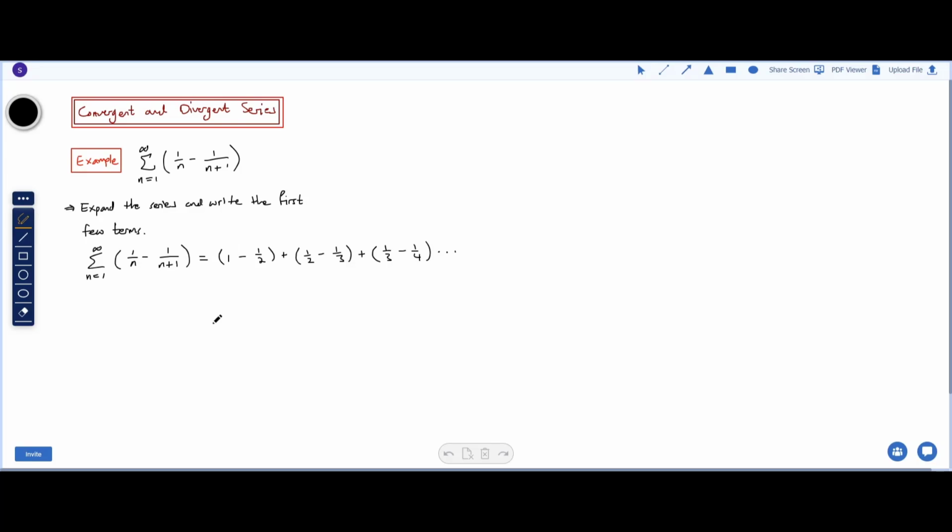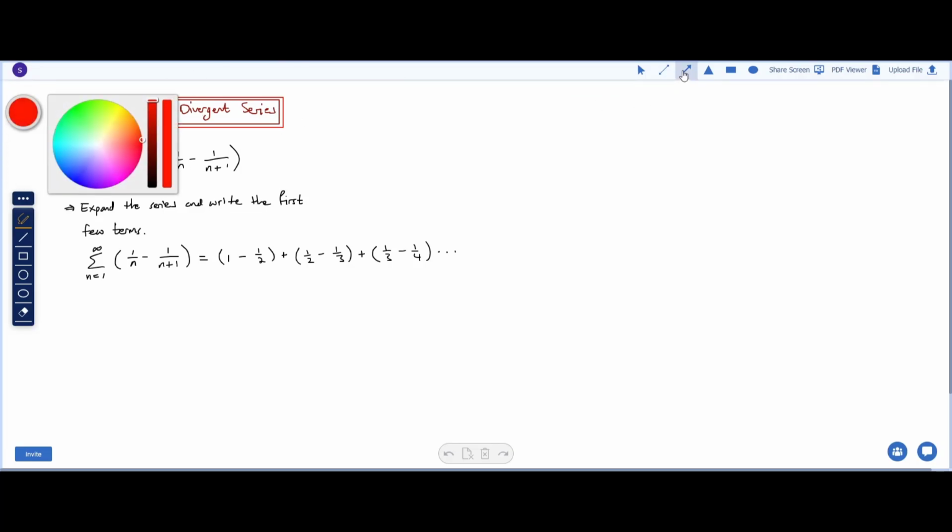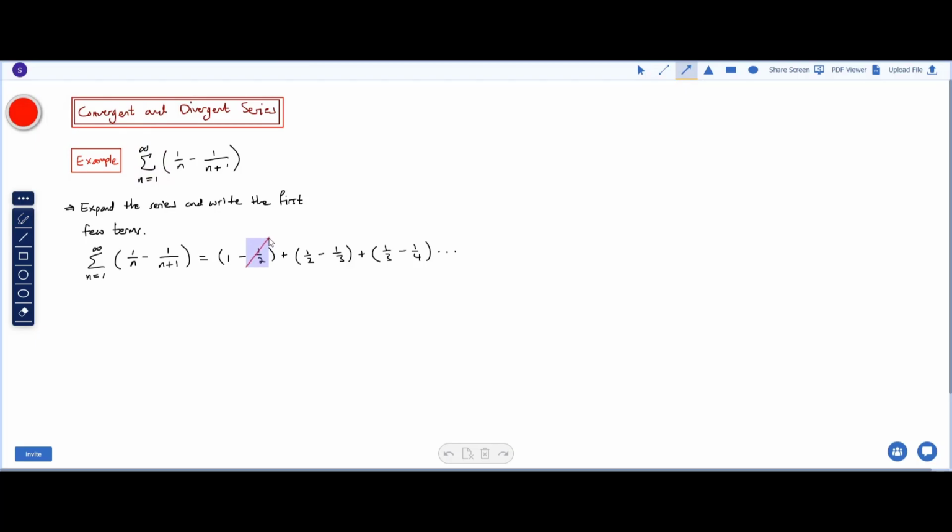If you take a close look at this series, you see that the minus 1/2 over here cancels out with the positive 1/2 over here. And then the minus 1/3 cancels with the positive 1/3, leaving 1 and negative 1/4.